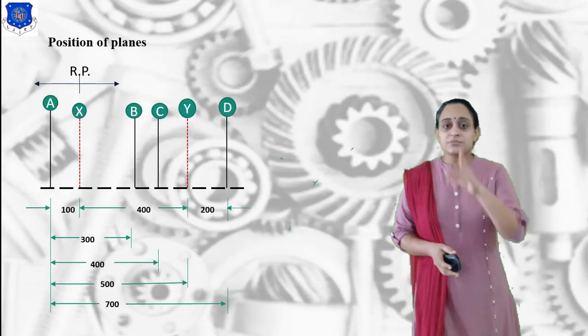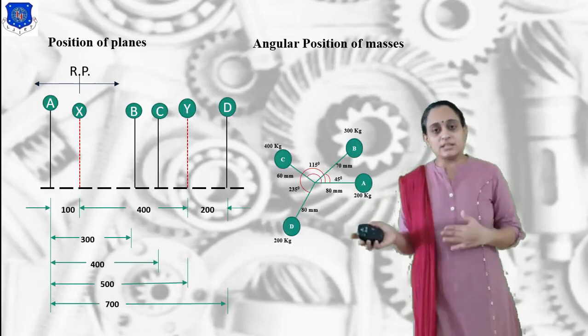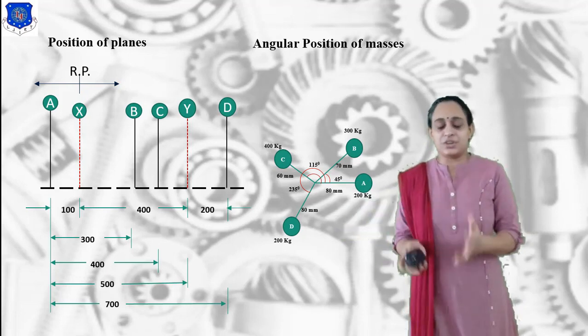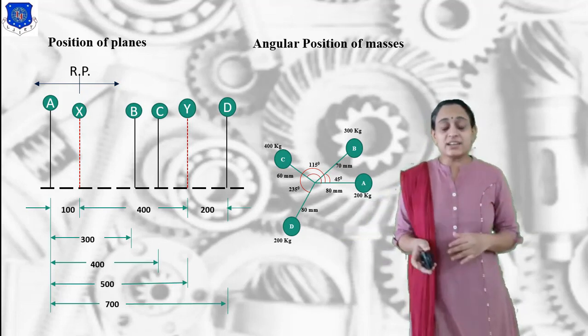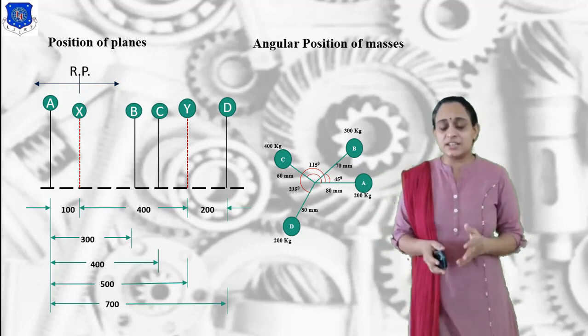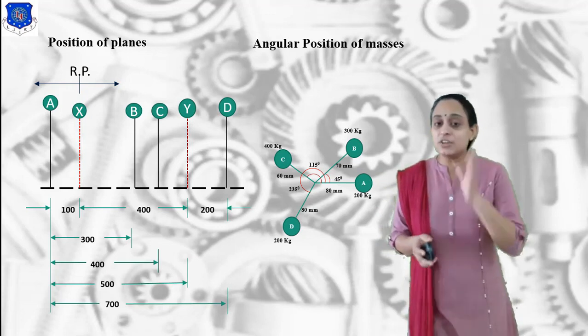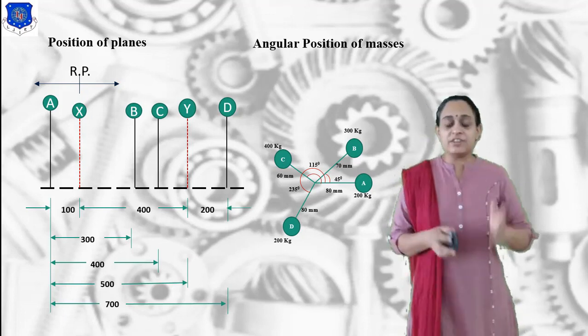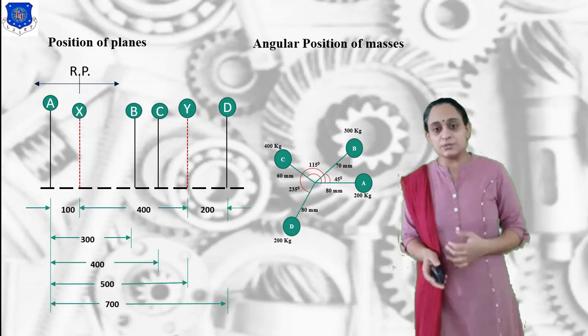So we can assume A at 0 degrees. A to B angle is 45 degrees. B to C angle adds 70 degrees, so we get 115 degrees. And similarly from A to D we get a 235 degree angle.